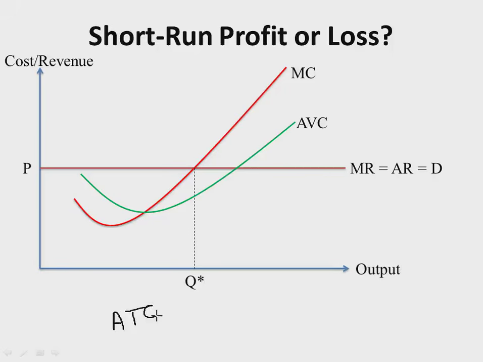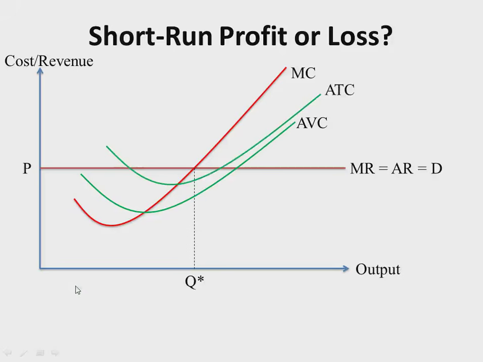If you recall from the cost session, average total cost is equal to average fixed cost plus the average variable cost. So given that we have our average variable cost here, if we add the average fixed cost, we will have the average total cost curve as drawn there.